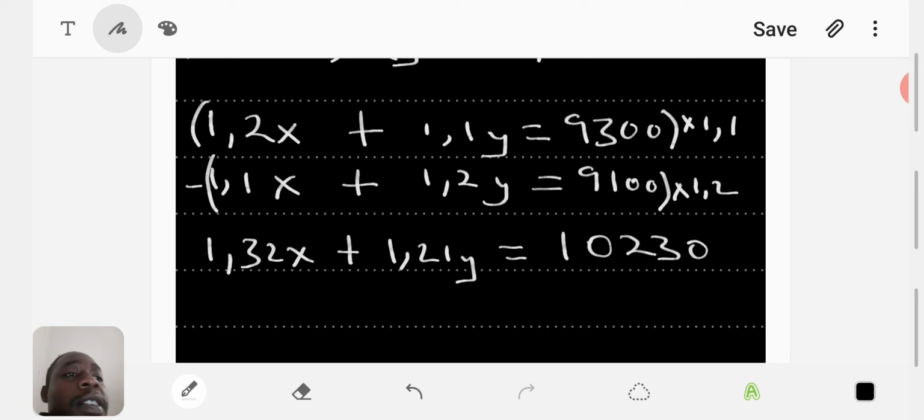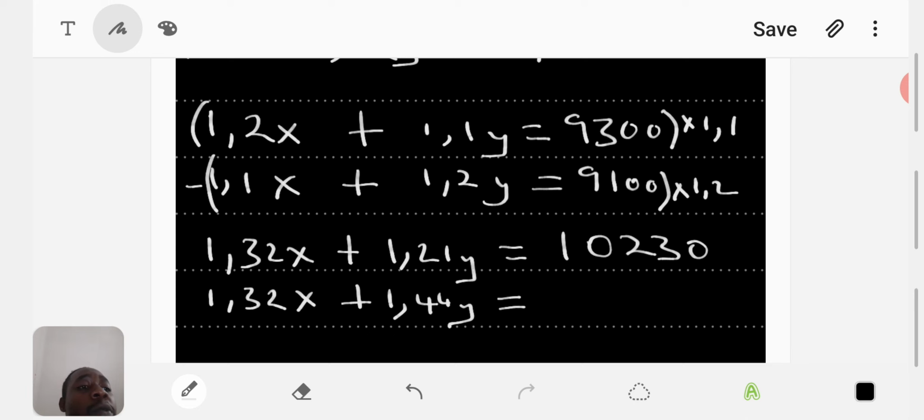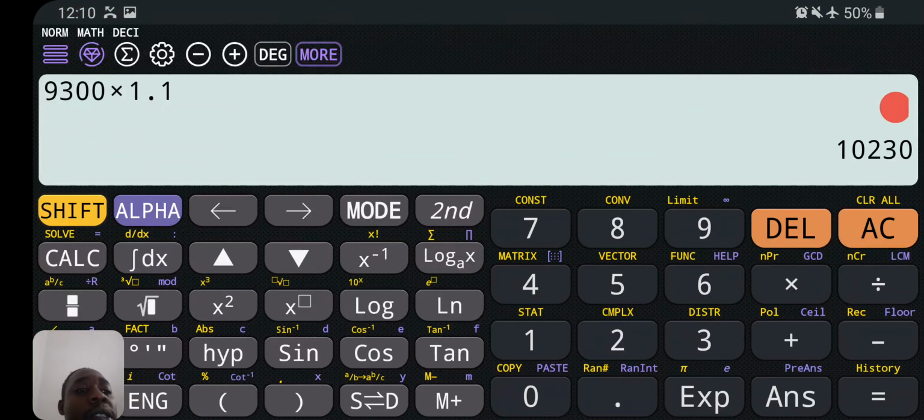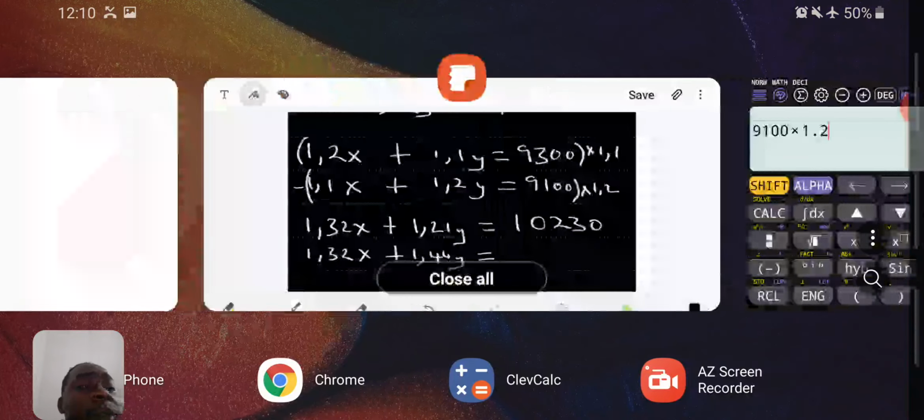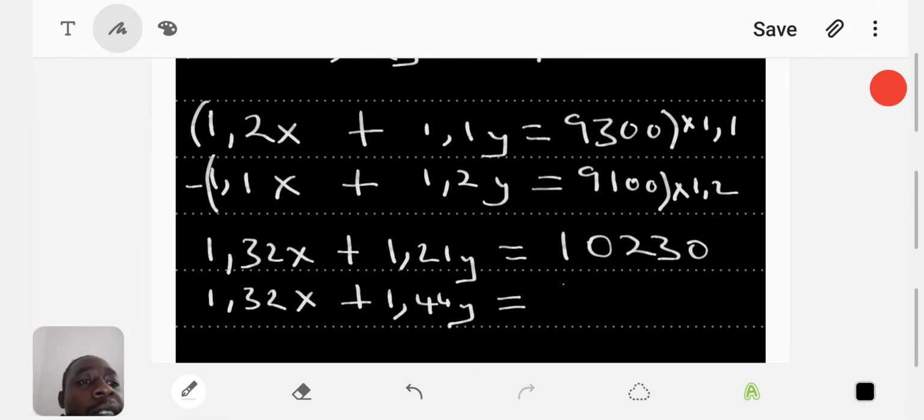Then on our second equation, multiplied by 1.2, we get 1.32x plus 1.44y equal to 9,100 multiplied by 1.2, which is 10,920. There we go.